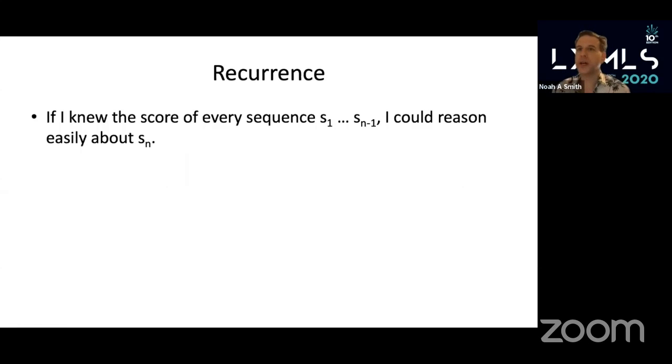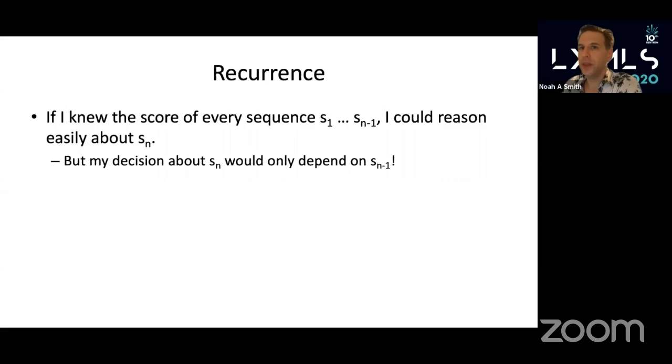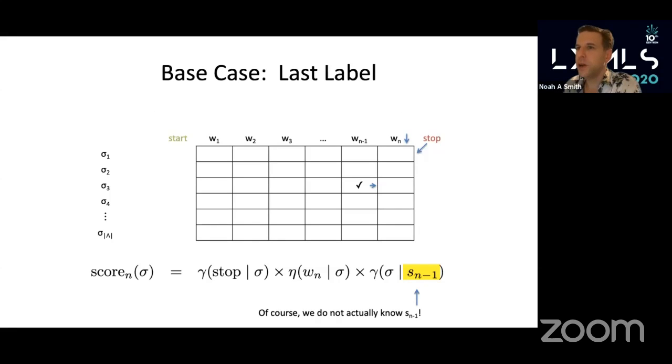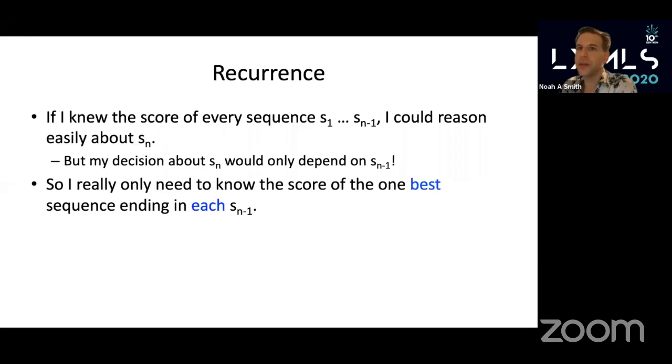If I knew the score of every sequence up to n minus 1, then I could easily choose the last symbol. But I actually don't care about the whole sequence up to S sub n minus 1. I really only care about the choice of S sub n minus 1. That's the only thing that matters. In my diagram here, notice that I don't have to know or care what any of the labels are for the preceding words before word n minus 1.